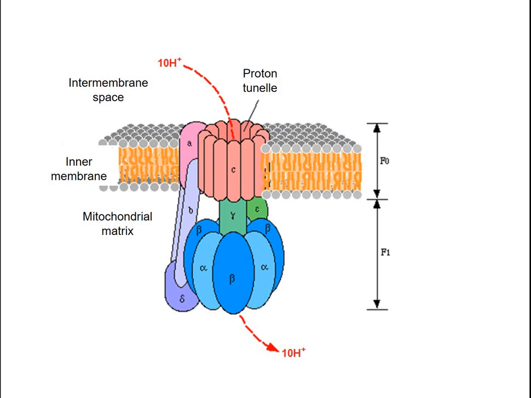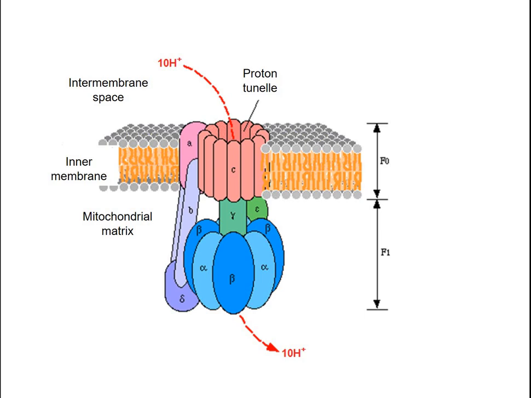ATP forms with ATP synthetase. It's a complex protein that is made up of two parts or two subunits: oligomycin dependent subunit FO that is located in the mitochondrial membrane, and F1 subunit that is in the mitochondrial matrix.